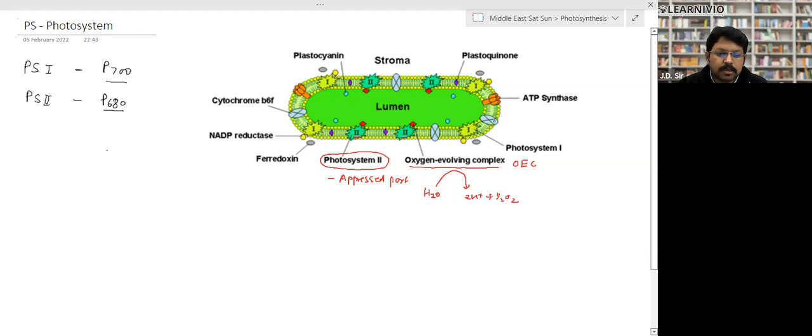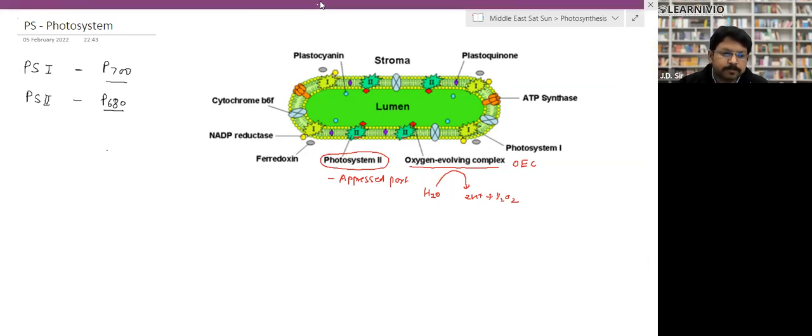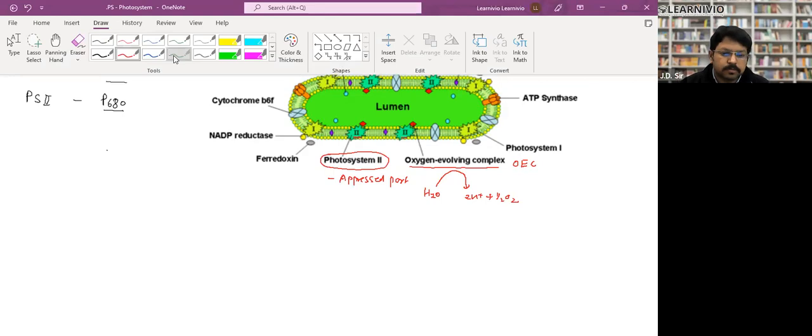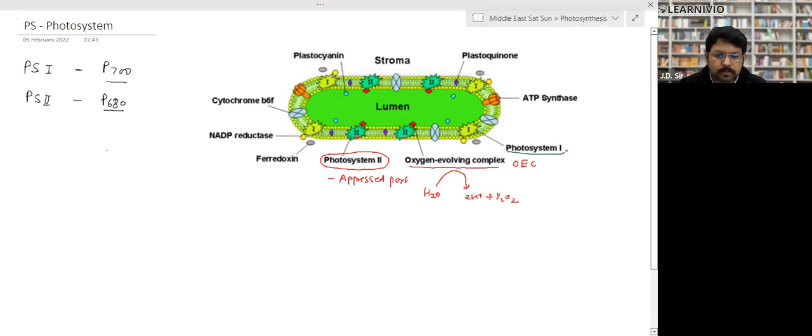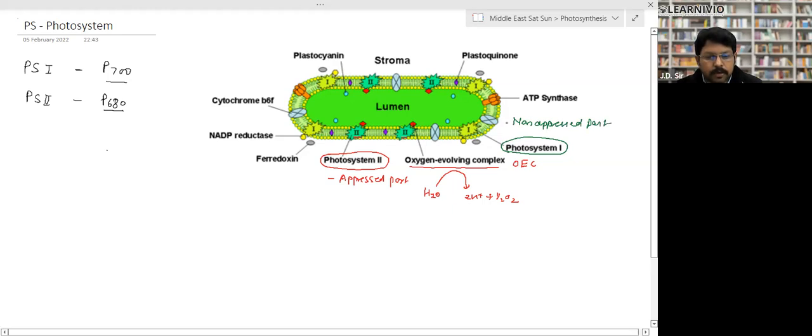Now the rest of the part is called the non-appressed part. So photosystem first, PS1, is this one. This photosystem one is not responsible for the photolysis of water, and PS1 is found at the non-appressed part of the thylakoid.